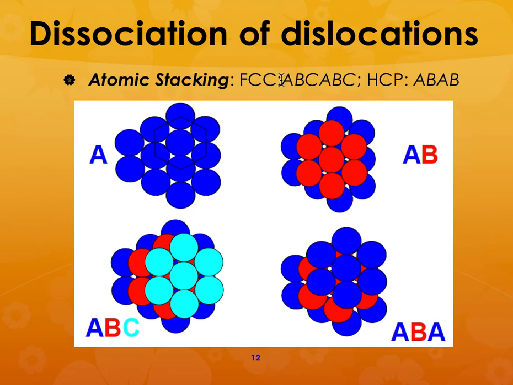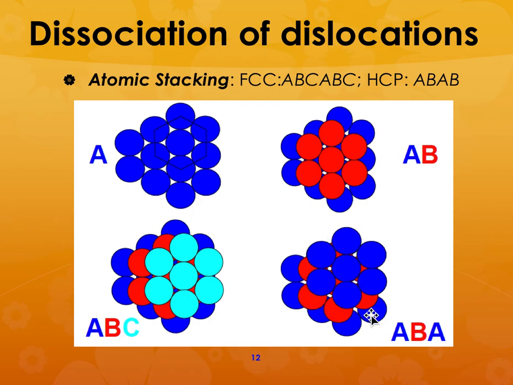So they are called ABC ABC type of crystal structure. In the case of hexagonal close packed, they are located on top of this, but slightly tilted in a way.